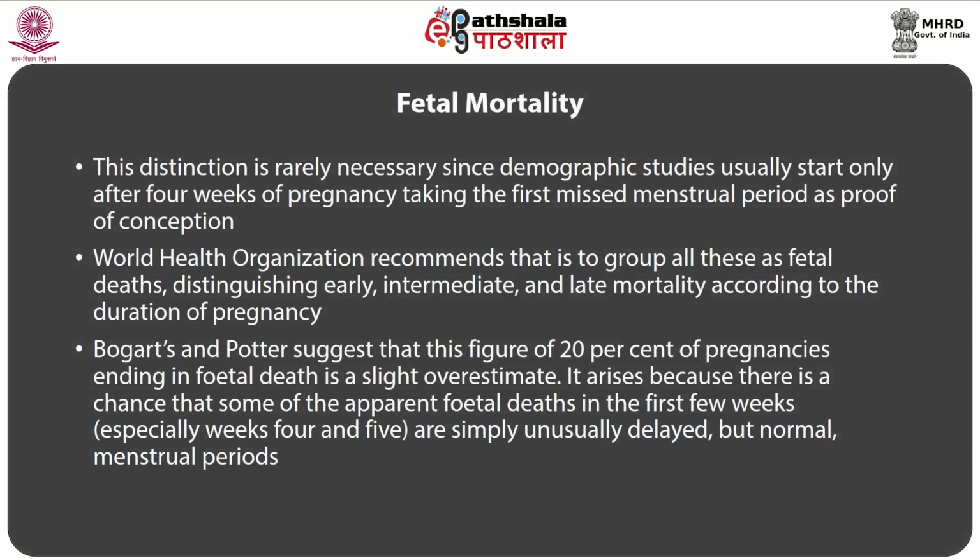This distinction is rarely necessary since demographic studies usually start only after 4 weeks of pregnancy, taking the first menstrual period as proof of conception. The World Health Organization recommends grouping all these as fetal deaths, distinguishing early, intermediate and late mortality according to the duration of pregnancy.